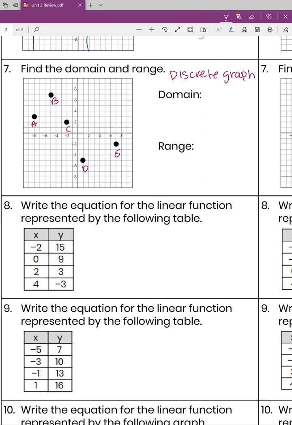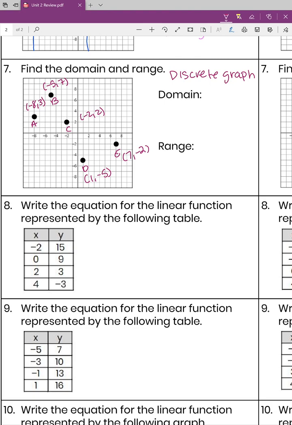Point A looks like it's -8, 3. Point B is -5, 7. Point C is -2, 2. Point D is 1, -5. And point E is 7, -2.